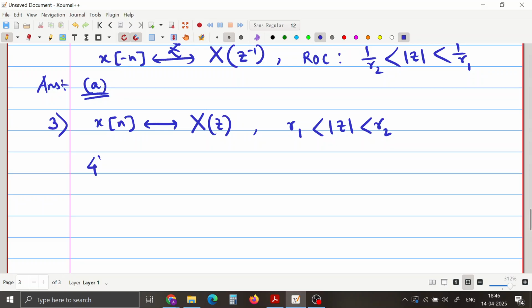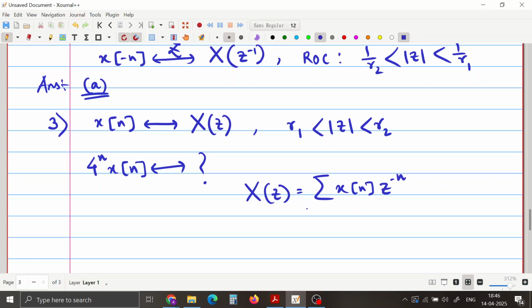My question is, 4 raised to the power n into x of n will have what Z transform, and that we need to find. So X of z I know again from the formula, and this is given by this.